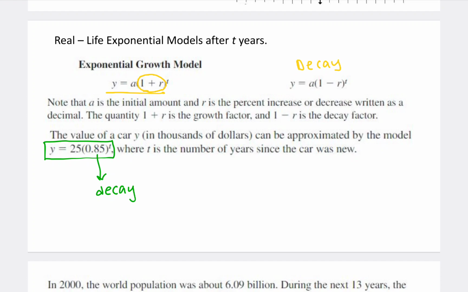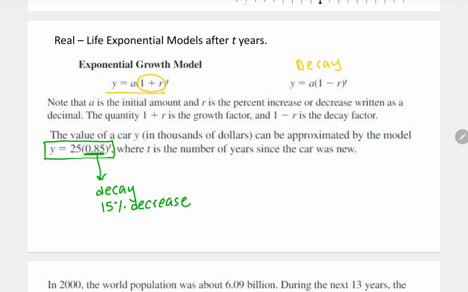The percent decrease, how much it's going down each year, is how far away this number is from 1. So 0.85 or 85% is 15% away from 1. So this car is decreasing in value at 15% each year.